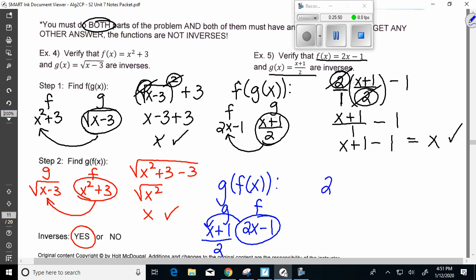So that would give you 2x minus 1 plus 1 divided by 2. Negative 1 plus 1 is 0. So 2x over 2. 2 divided by 2 is 1. That gives you x, and that checks. Both times it checked out, so your answer is yes.